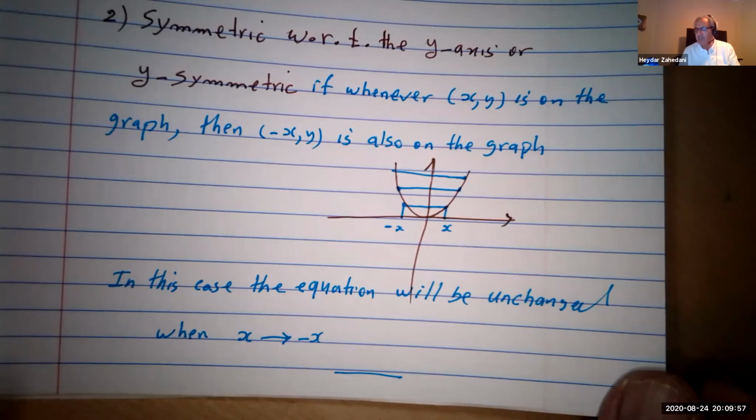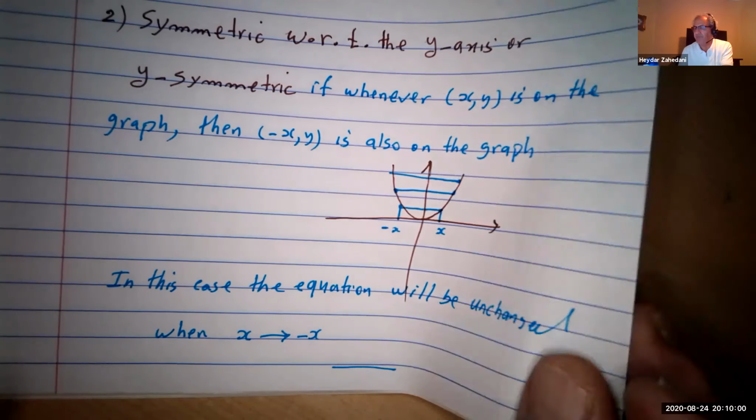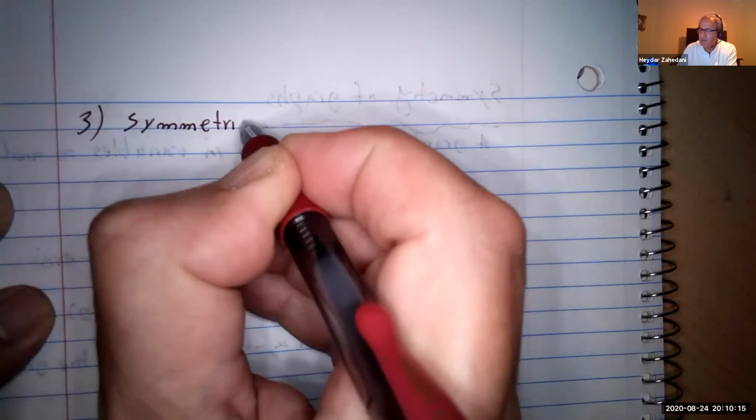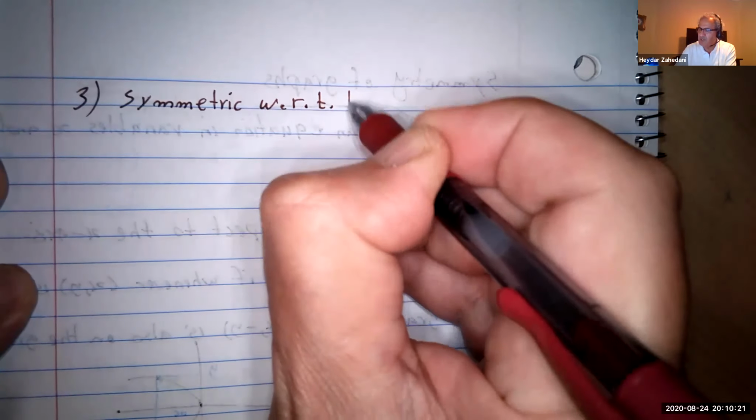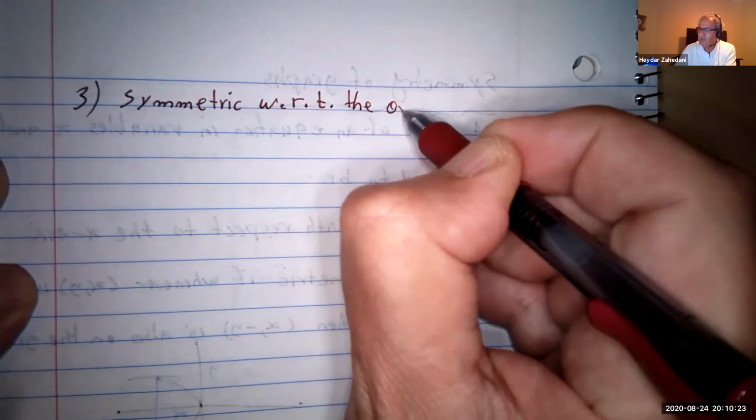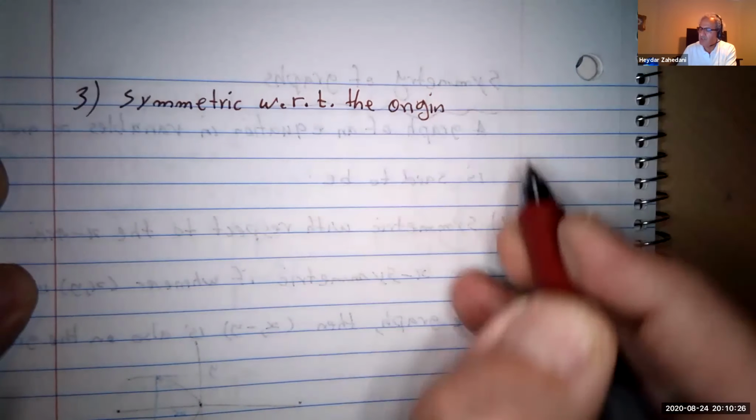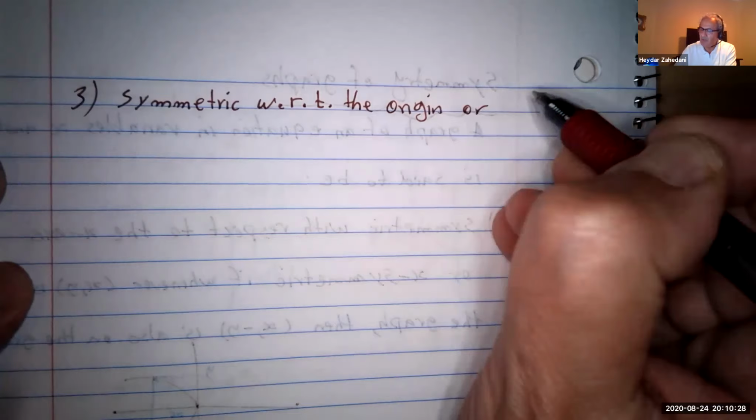Now the third case is origin. There are some other symmetric properties, but we are just going with these three cases only. So the third one is symmetric with respect to the origin.